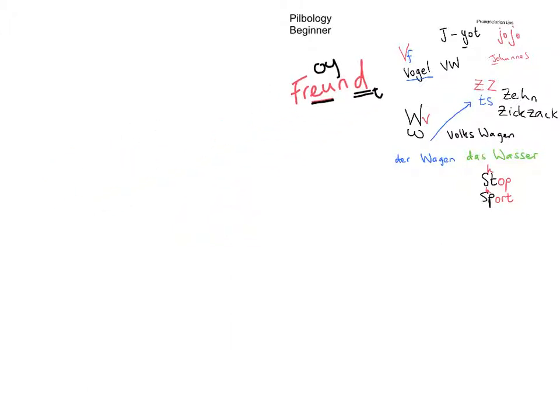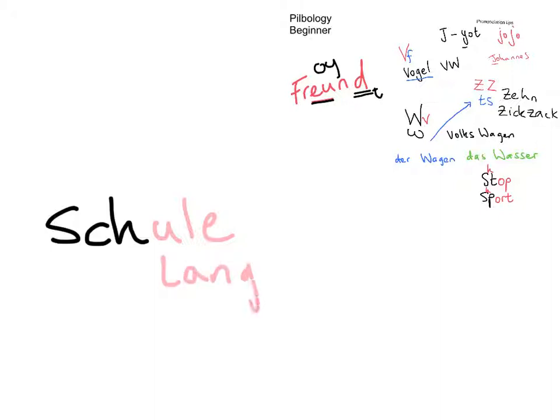The next one I want to look at is the SCH, or H, depending on where you're from in England. Now, let's use this example. You could have die Schule. Die Schule. You could have die Schlange.